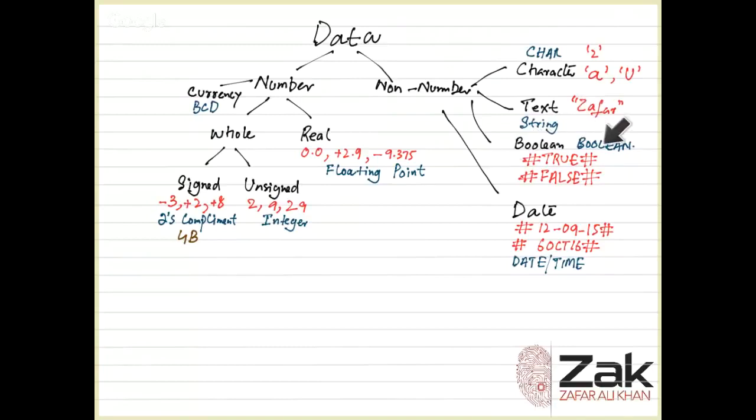Boolean. For Boolean, we do not actually put hash signs for true and false, but that is a norm. So in pseudocode we can go with these, but they remain optional. Date, we have to enclose in double quotation hash. Date and time both.